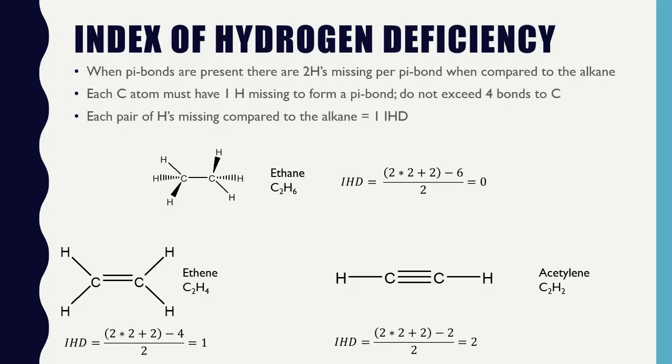So basically, each IHD corresponds to a pair of hydrogens. And if you're missing a pair of hydrogens, that means that you can have potentially a double bond. If you're missing 4, that means that you can have a triple bond. So notice how this one is missing 4 hydrogens in comparison, and that's because we have the 2 extra bonds in between. We lost 2 pairs.